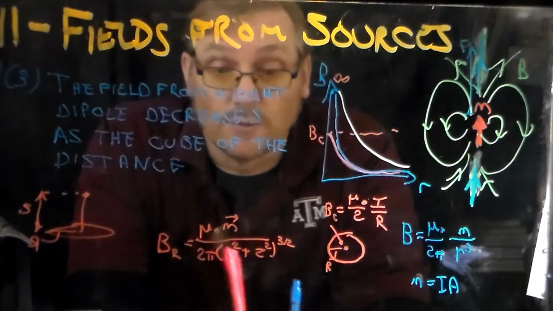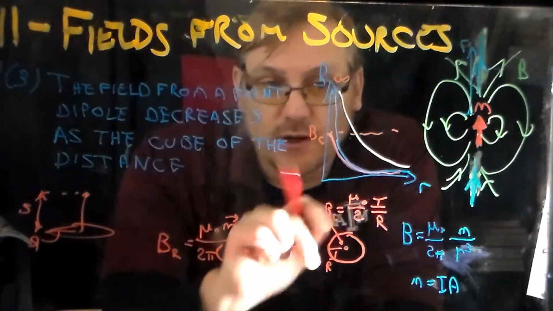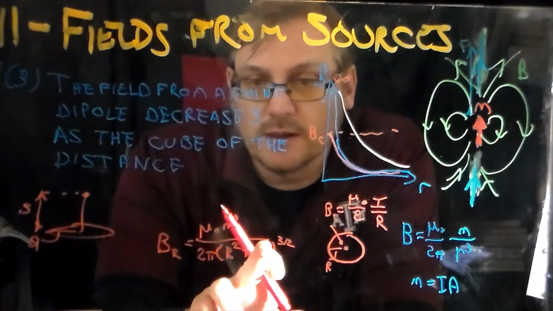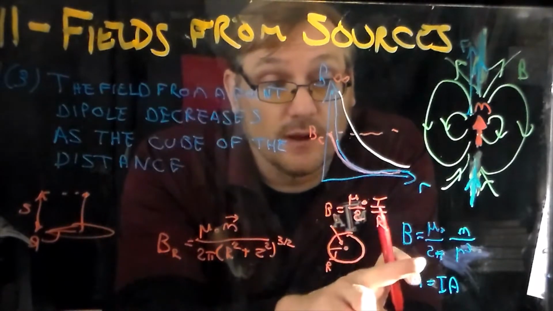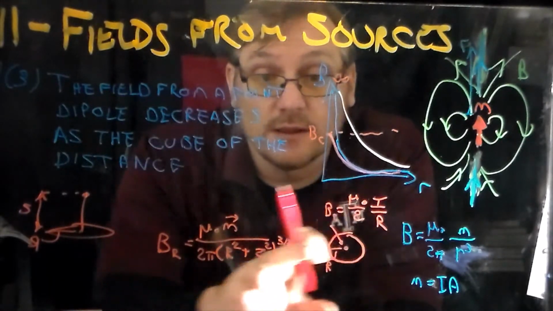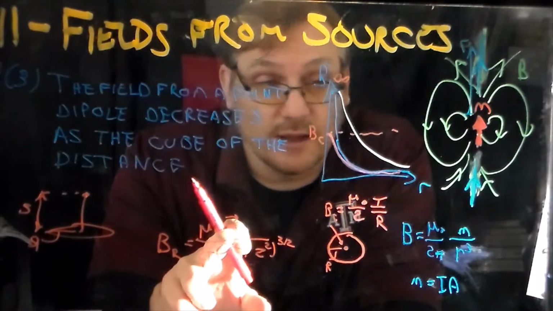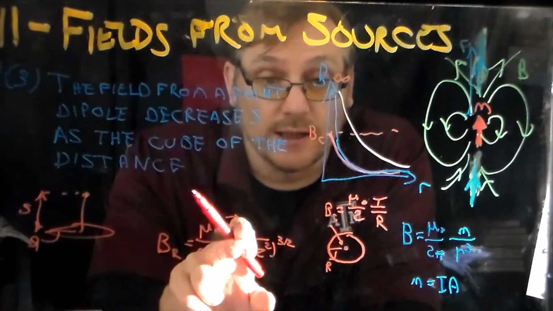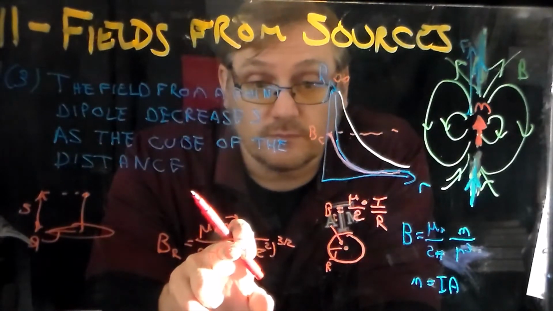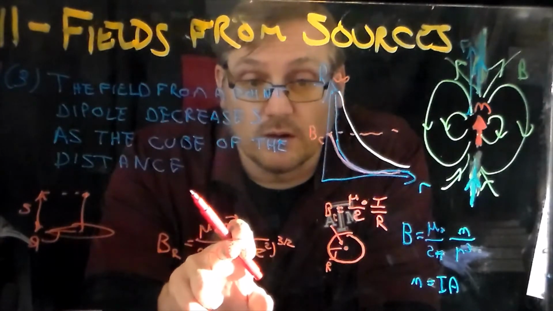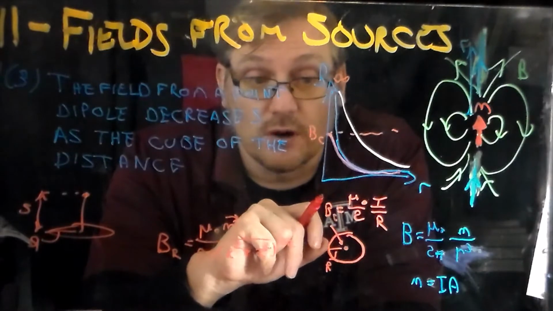So, you'll notice if z is 0, if you're right here, this is going to be very similar to this guy, because it's going to be a constant thing, mu naught m over 2 pi times r squared to the 3 halves, which is r cubed.